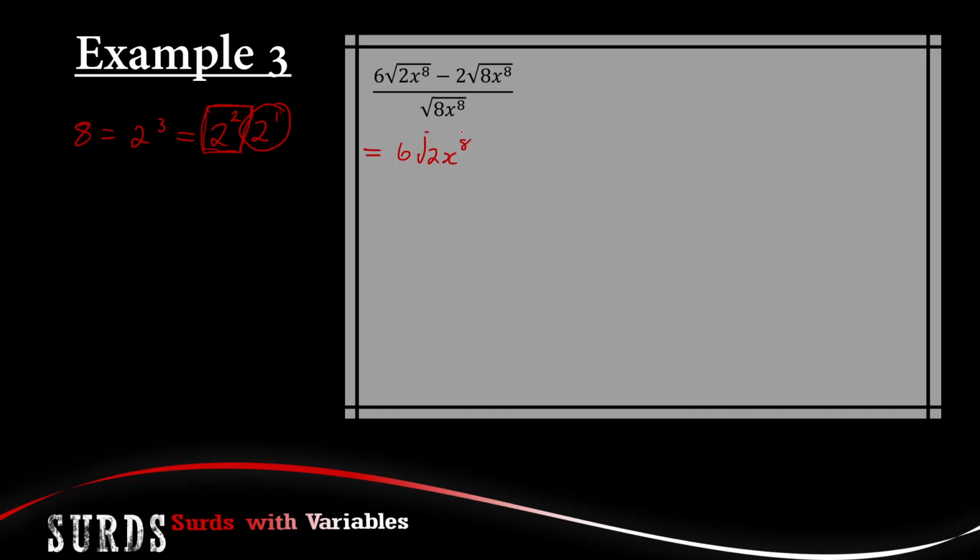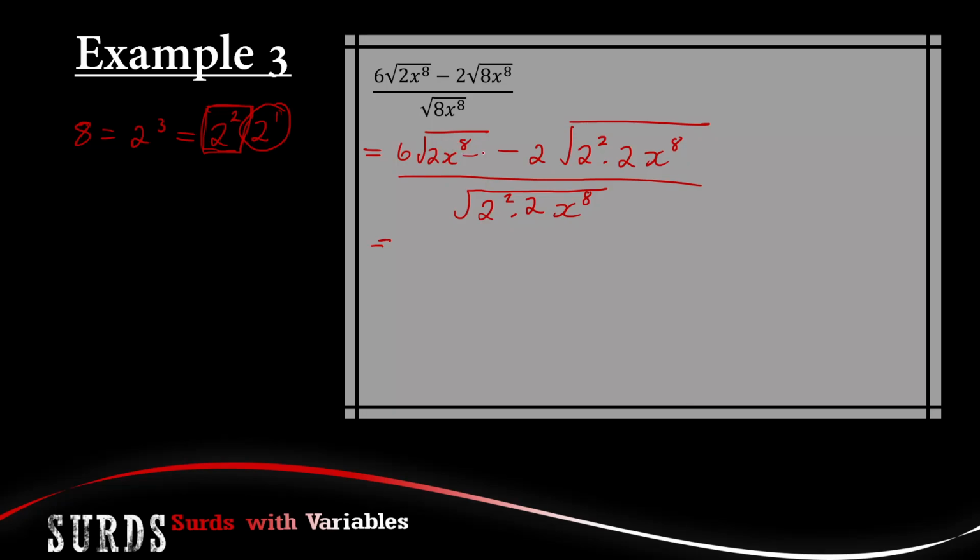So that's just the same, minus 2 times the root of 2 squared times 2 x to the power of 8, over, again, 2 squared times 2 x to the power of 8. Then we can start by taking the root. This x, I'm just going to put on this side, because normally we put our constants before the variables.